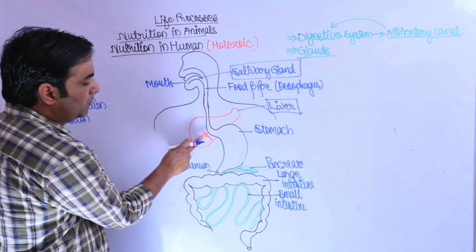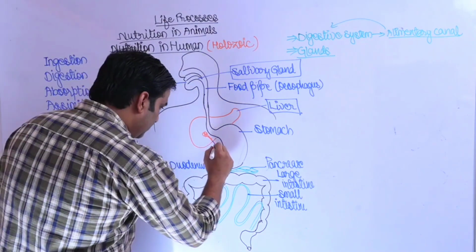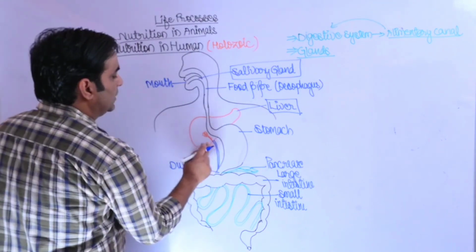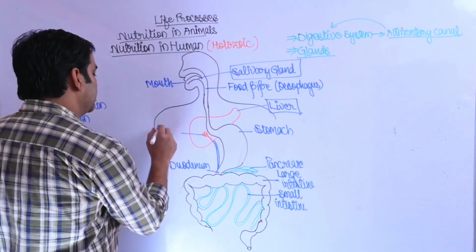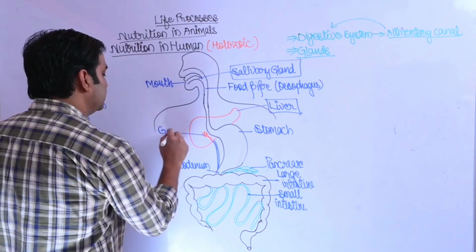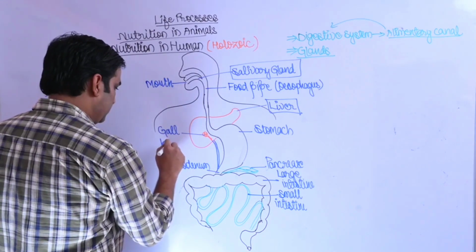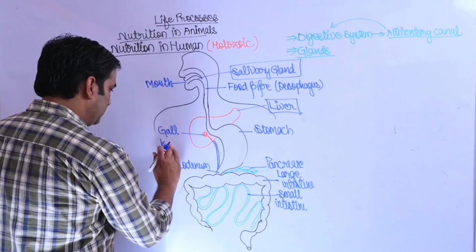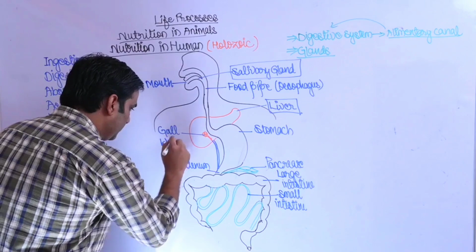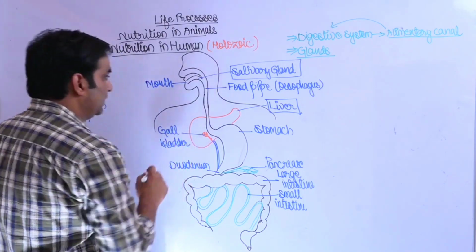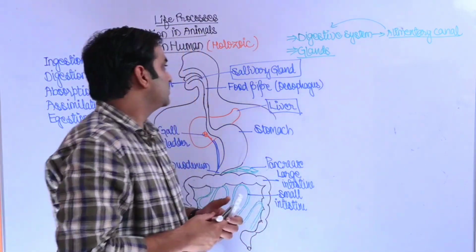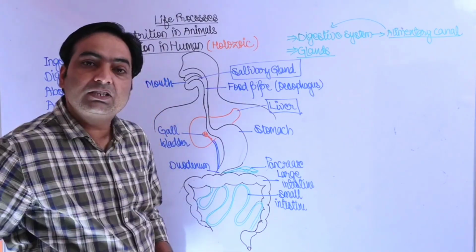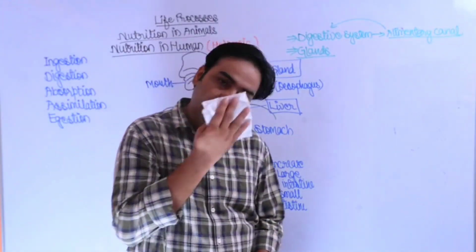Inside the liver, I have made one more structure here, which has a canal also. This is called the gallbladder. So today we will talk about this structure, and then we will discuss how digestion takes place in the given diagram.